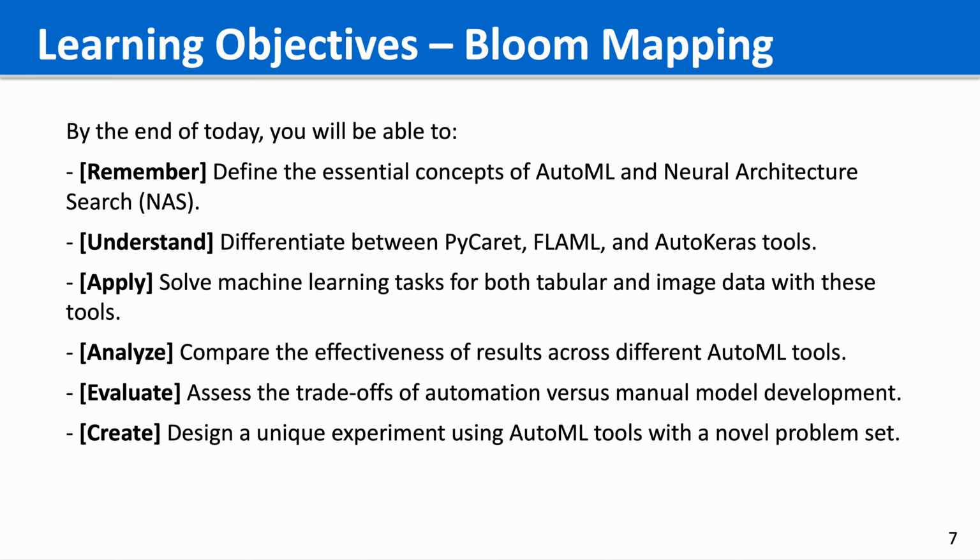And to cap it off, you'll tap into your creativity by designing your own experiments. Remember, the highest level of learning happens when you're able to combine knowledge with new ideas. Let's aim for that level today.